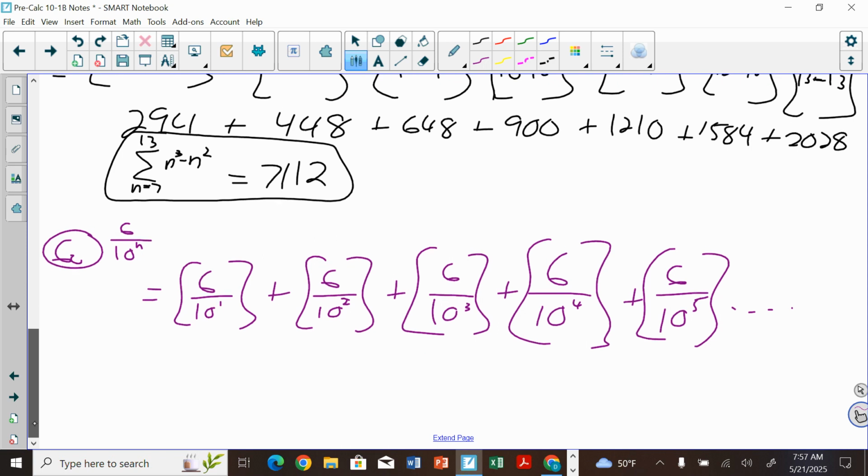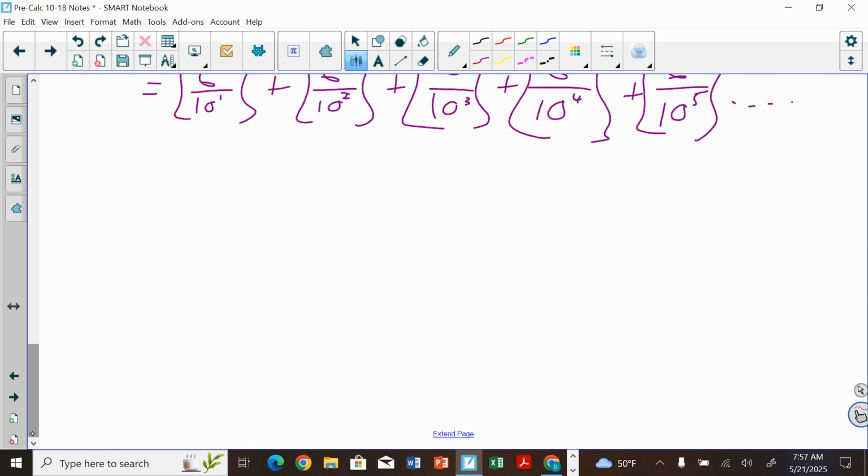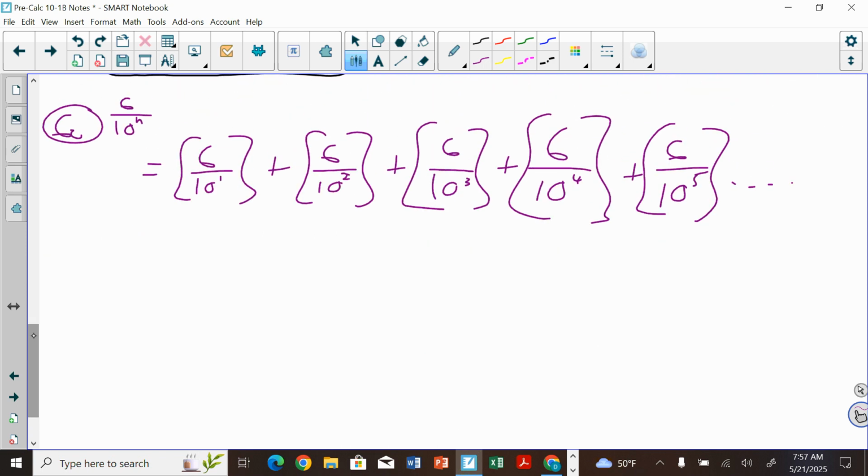But we also know that when we do this, you're going to get 6 over 10 here, which is 0.6, then 0.06, so 6 hundredths, 6 thousandths, right? And so on and so forth, just like our examples we did earlier.